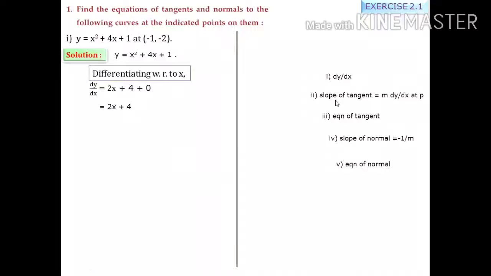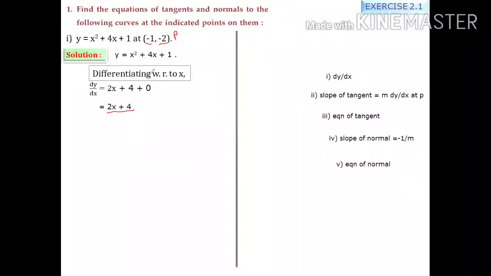Then step number two is to find the slope of the tangent, that is m. So dy by dx is calculated at the particular point. Here the particular point is given as point P whose coordinates are (minus 1, minus 2), that is, the x coordinate is minus 1 and the y value is minus 2. We obtained the value of dy by dx as 2x plus 4. In this derivative, substitute x is equal to minus 1, y is equal to minus 2.